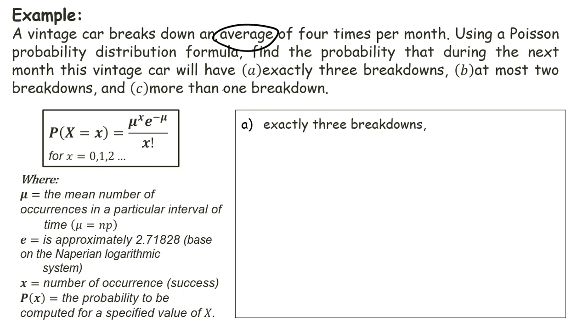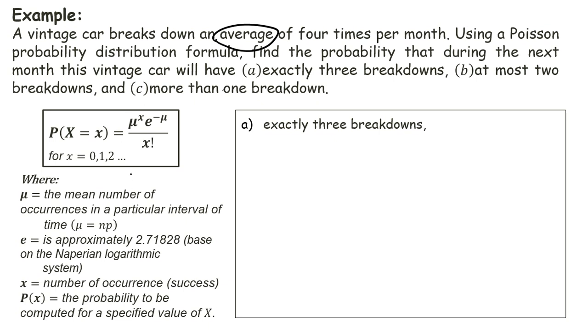So, given po yung formula natin. And then, for letter A po, we are solving for the exactly 3 breakdowns. Okay. Exactly 3 daw po yung magiging breakdowns po natin.